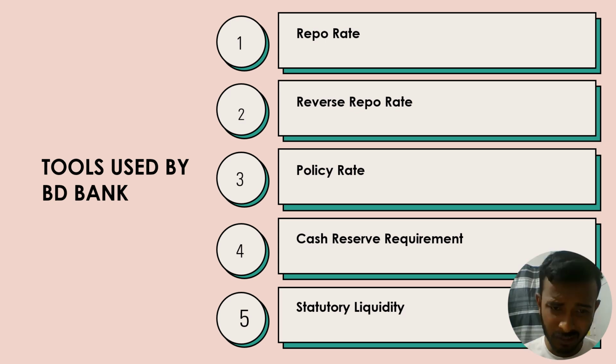The fifth is the statutory liquidity ratio, or SLR. Banks must keep another portion of deposits in the form of government approved securities like treasury bills and bonds. It is different from CRR because CRR is only cash, but SLR can be cash plus bonds.